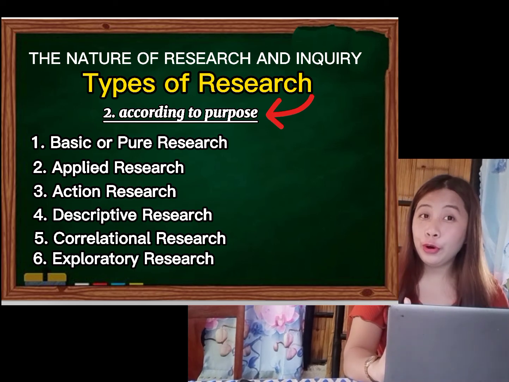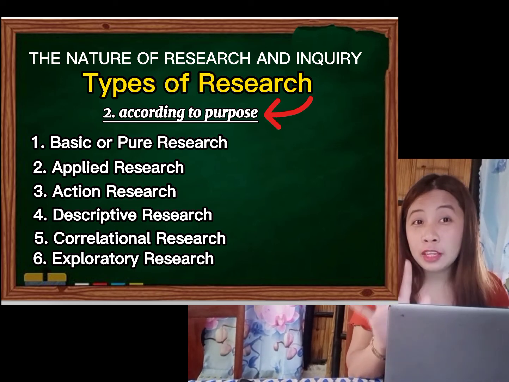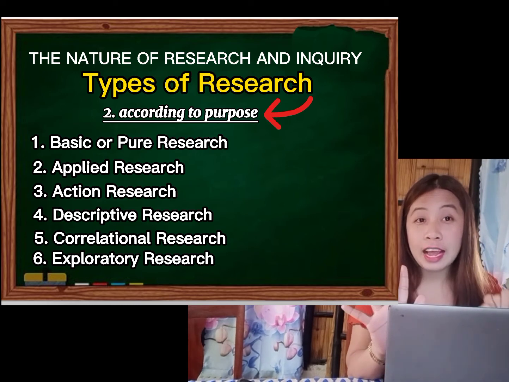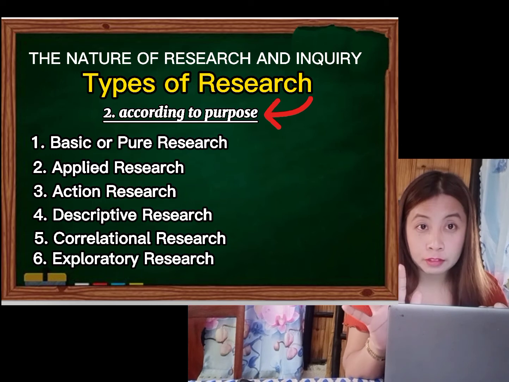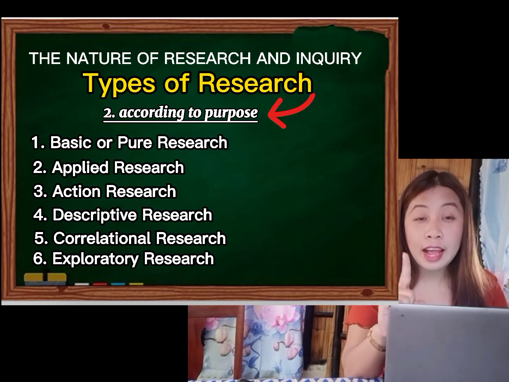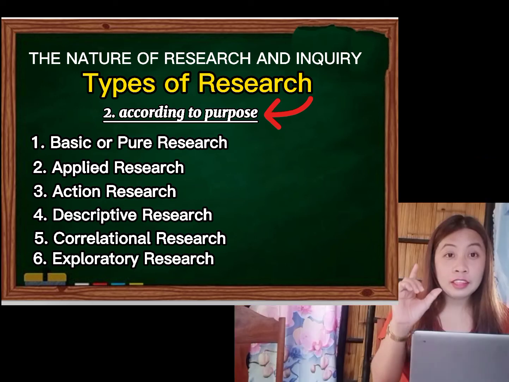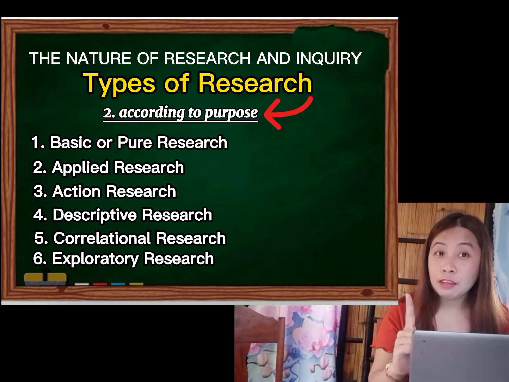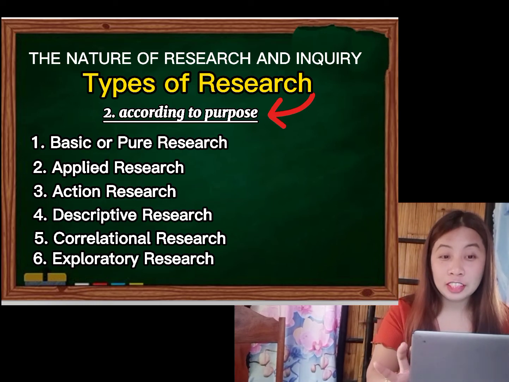Again, ulitin ko. Bakit pa ulit-ulit ako para malaman ninyo? Itong 6 na to, naka-base lang yan saan? Types of research based on its purpose. So, kailangan alam mo yung purpose of the study. Ano ba ang intention mo? Bakit mo ginawa yung study? Then after mo na ma-identify yung purpose mo, dito mo na malalaman kung saan siya under.